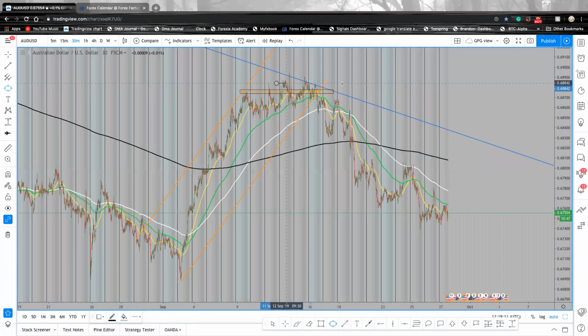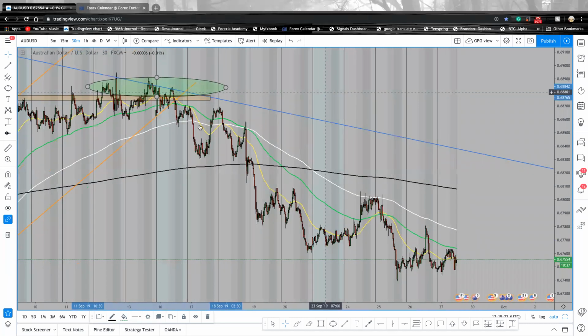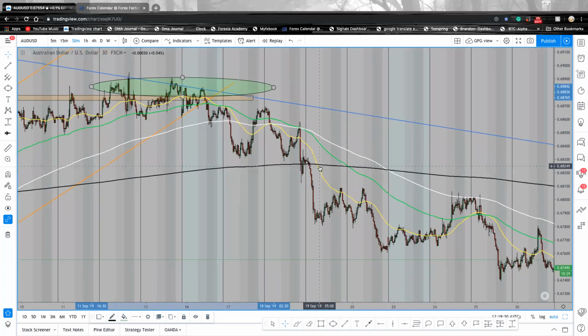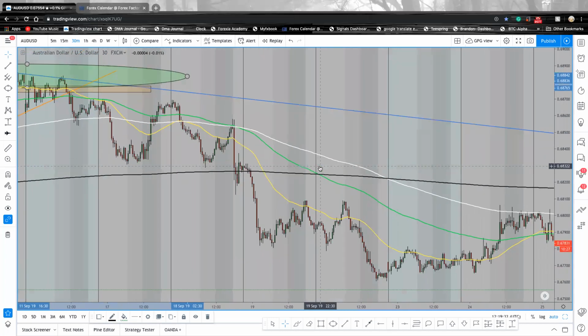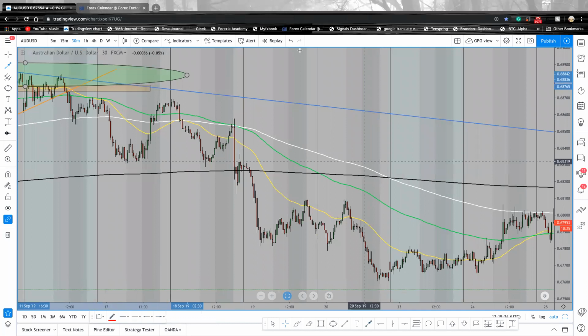We now know that market makers are trapping buyers, reversed on them, all DMAs crossed. So shift, induction, and then continue the move. So again, induction, this was the best entry you could take.